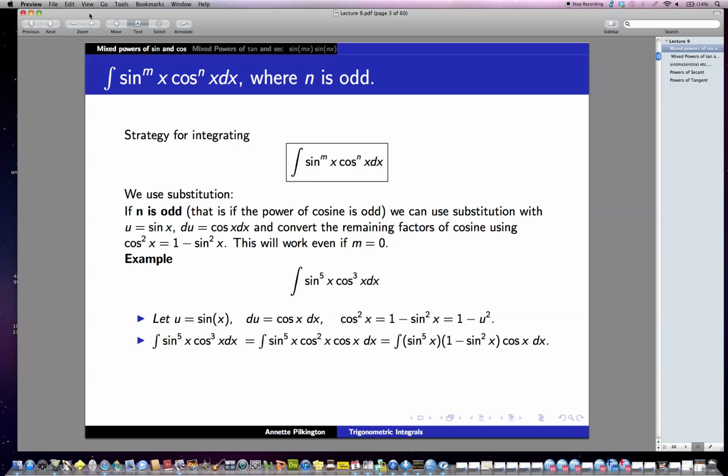So my integral becomes the integral of u to the 5 times 1 minus u squared times du. And this is relatively simple using the techniques from Calculus 1. I get the answer in terms of u, and then I convert back to functions of x.